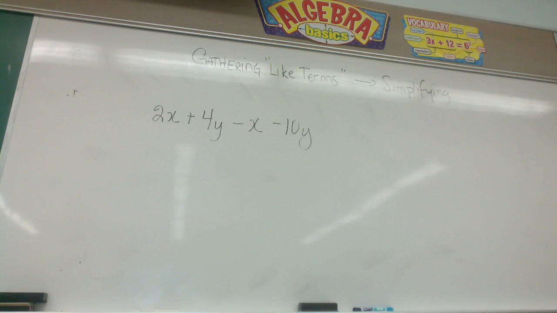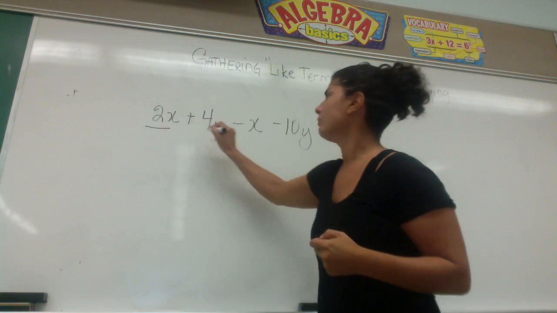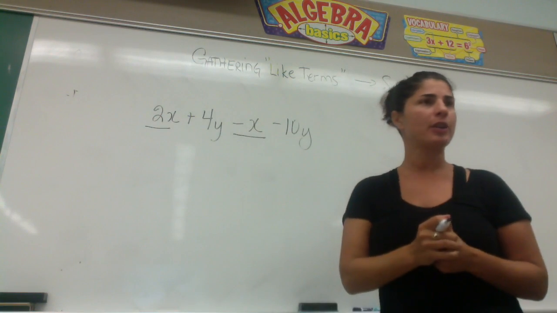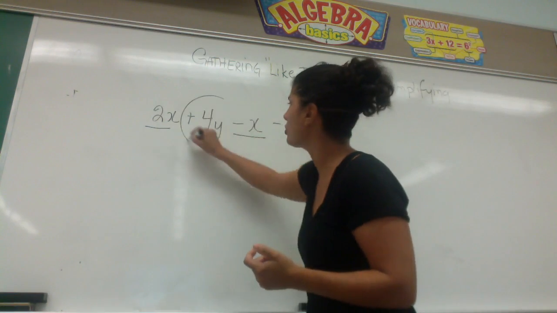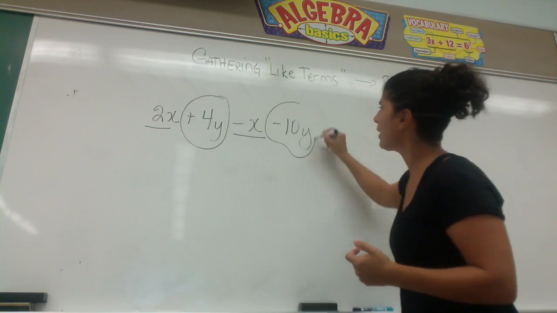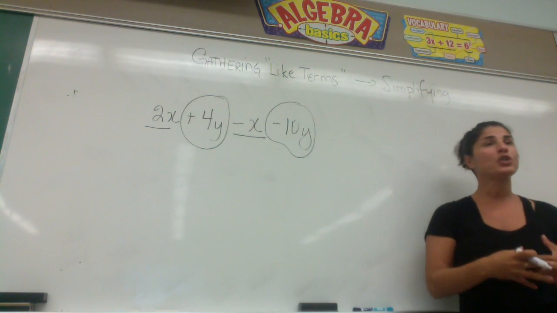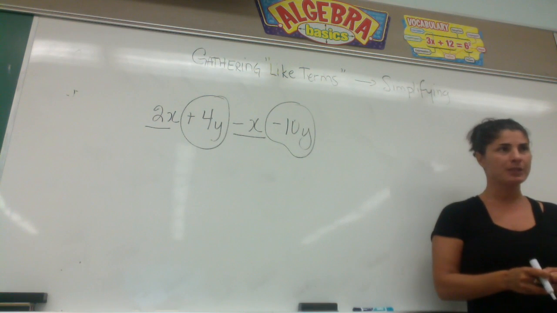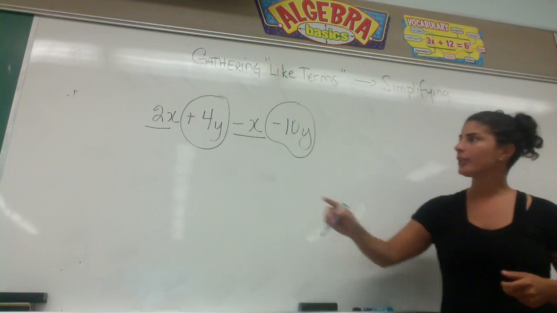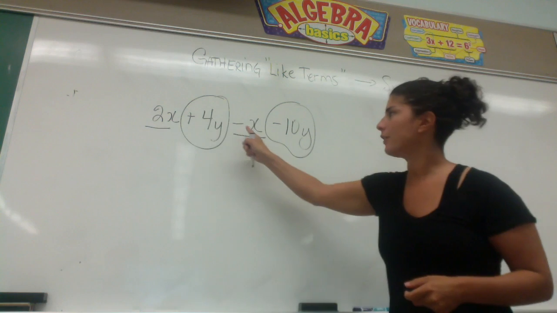Now, I would underline the ones that I find are alike, and then the other ones I would either circle, or I would find my way to identify the like terms. Once you've identified the like terms, look at the coefficient of each of them.